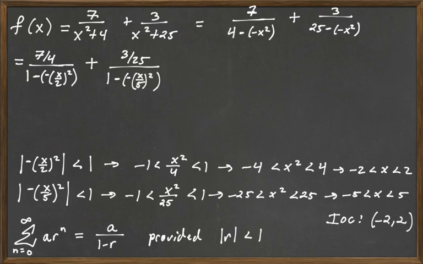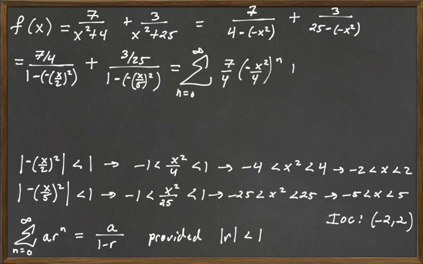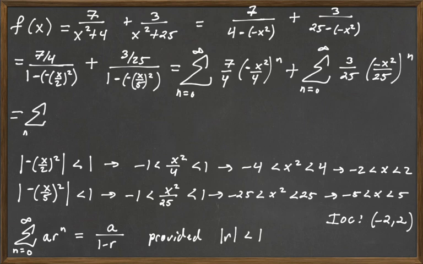All right, so now let's go ahead and start writing this out. So the first series will be the sum n equals 0 to infinity of a, which is 7 over 4, and then our common ratio, which is negative x squared over 4, to the n power, plus the sum n equals 0 to infinity of 3 over 25, negative x squared over 25, raised to the nth power.